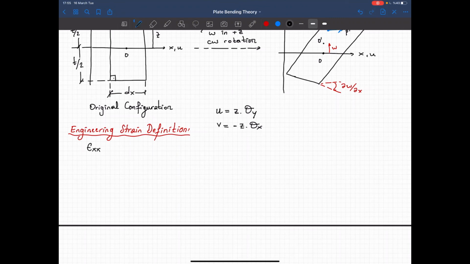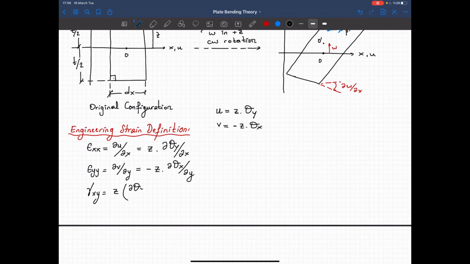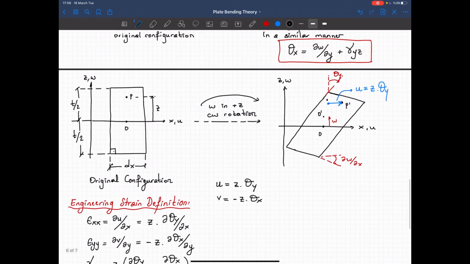So epsilon xx is equal to del U over del X, and that's equal to Z times del theta Y over del X. Epsilon yy is equal to del V over del Y, and that's equal to minus Z times del theta X over del Y. And finally, gamma xy will be equal to Z times del theta Y over del Y minus del theta X over del X. So we have also the additional out of plane shear terms.